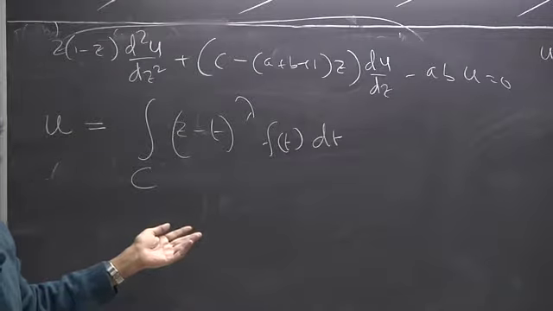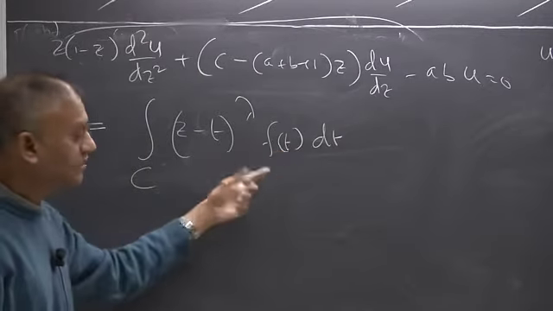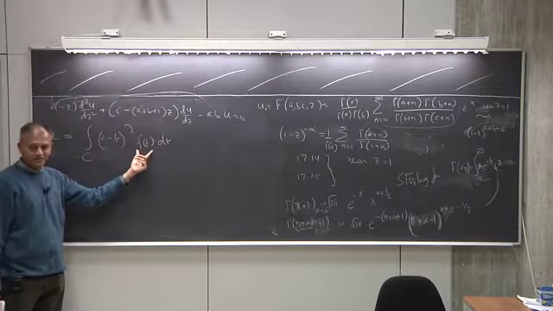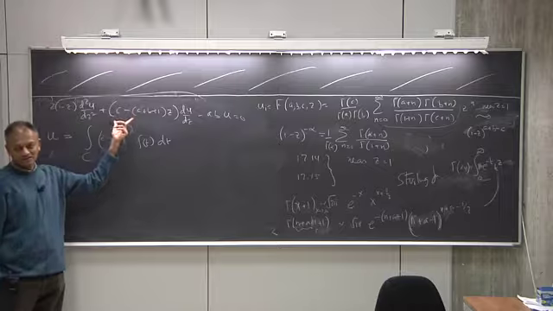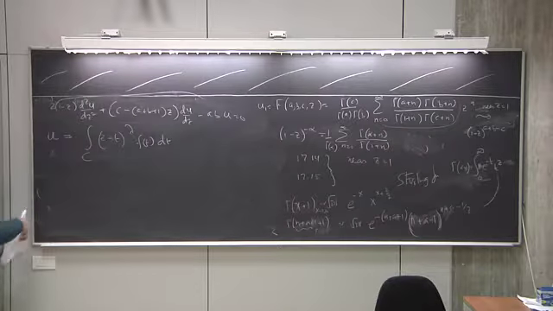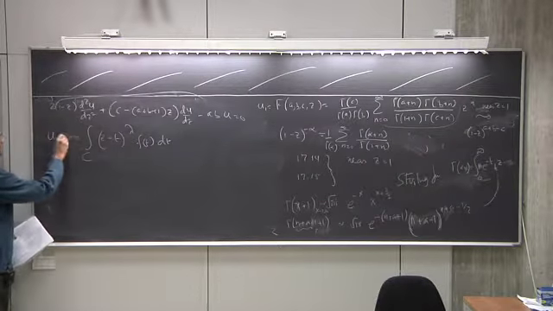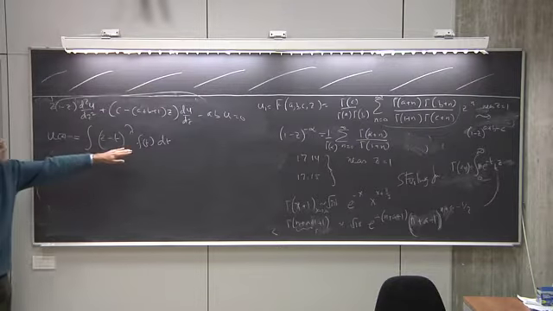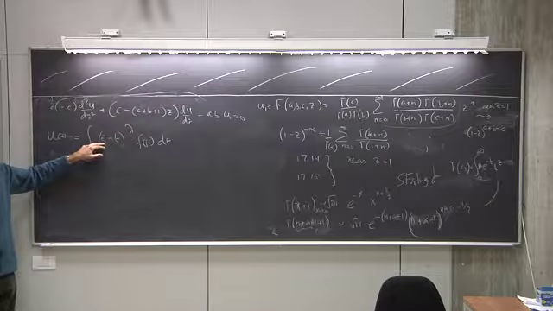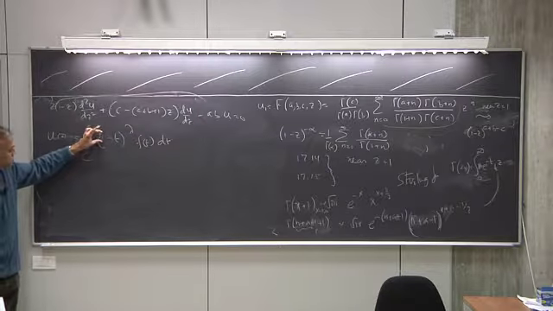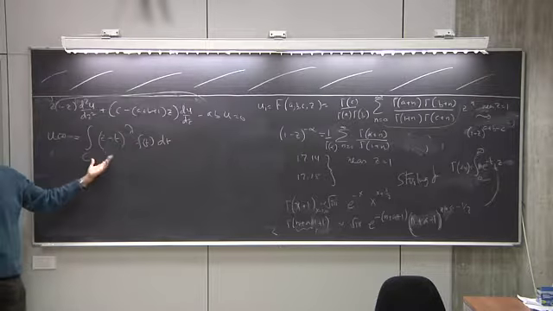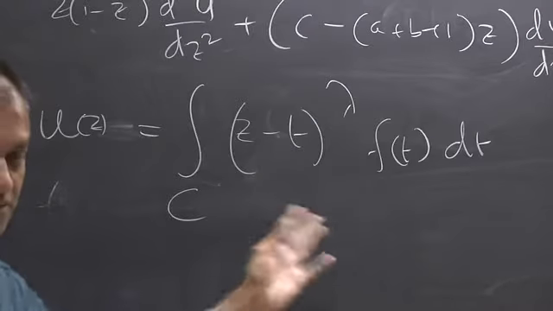I try to see if by choosing a suitable f, this u as a function of z can solve this differential equation. As far as this integral is concerned, z is some fixed complex number, but for every choice of it the result of the integral will in general be different. So the result of the integral will be a function of z.